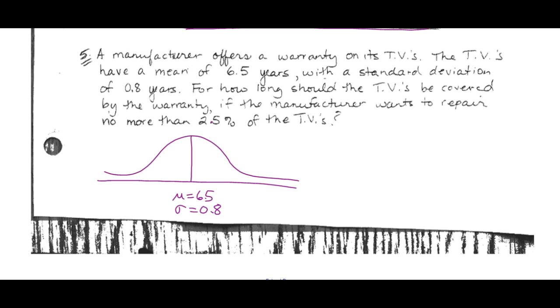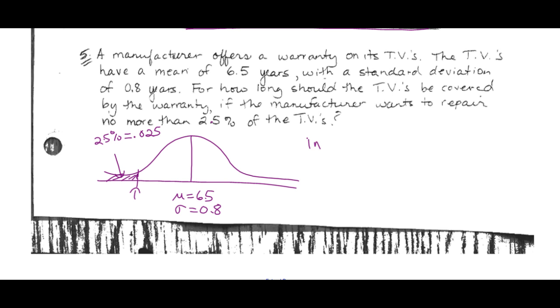For how long should the TVs be covered if the manufacturer wants to repair no more than 2.5%? So they're giving us an area, right? 2.5%, which is 0.025. Remember, areas for us have to be decimals. What we want to find is the value here, okay? And what we're going to use is inverse norm, right?